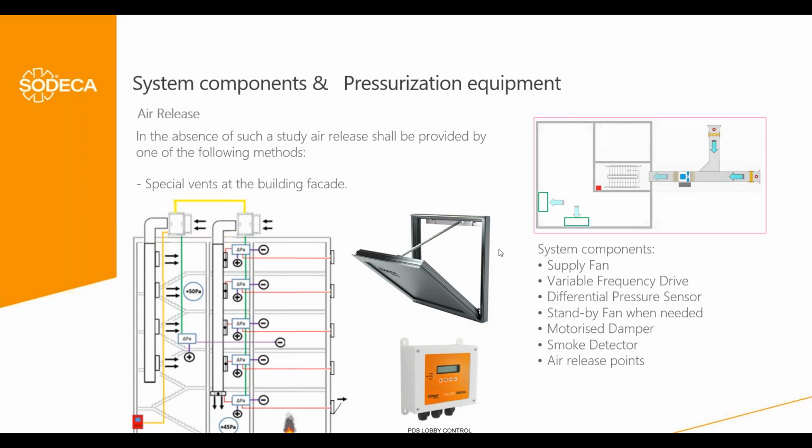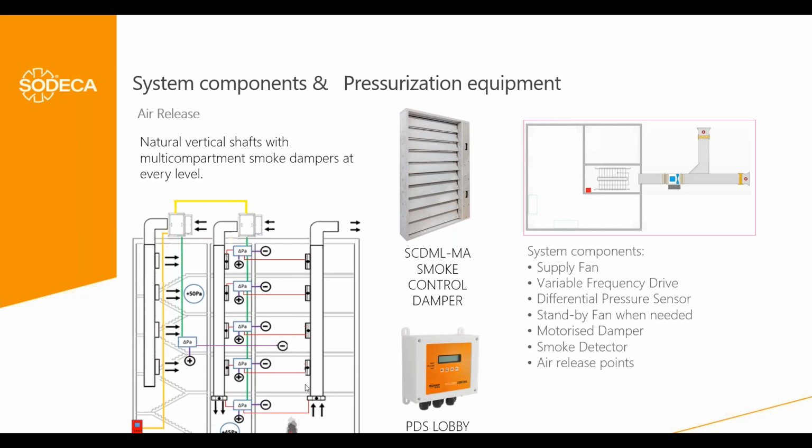We have also the possibility to do it with a natural duct communicating all the levels. So we will have the pressurization of the staircase, pressurization of the lobby, and again, this duct has to be provided with dampers to evacuate the smoke from the fire level.